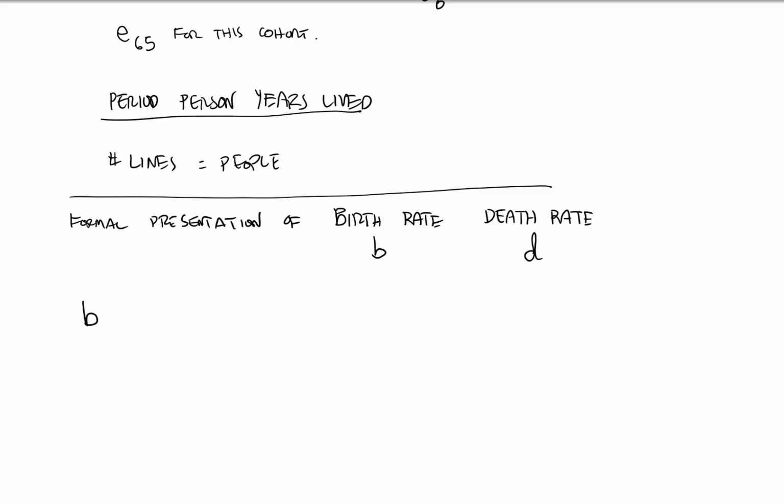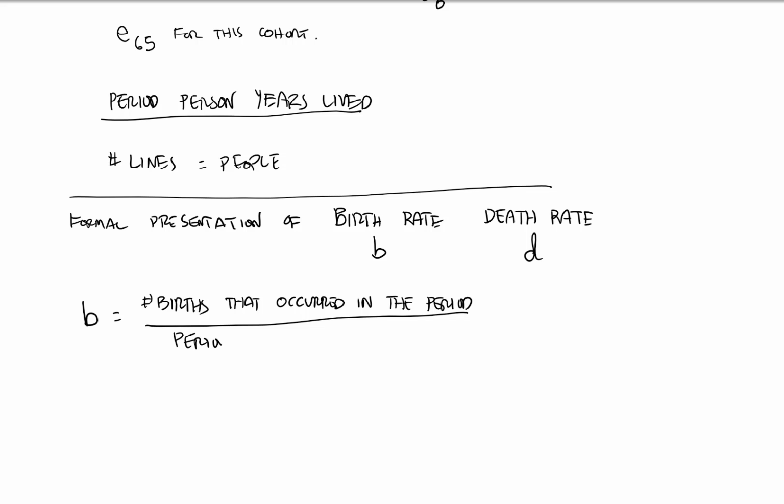The birth rate b is the number of births that occurred in the period divided by the period person years lived.